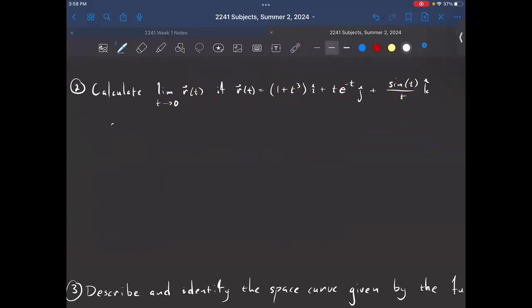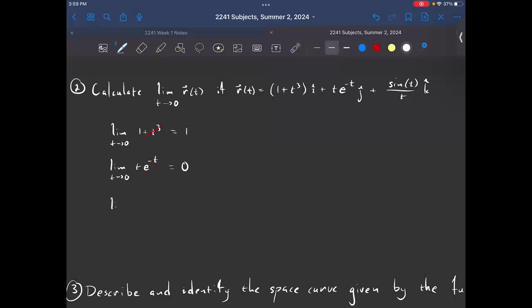So we need the limit as t goes to 0 of 1 plus t cubed. All right, that one's pretty easy. It's just 1 because t cubed at 0 is 0, and these are continuous. The limit as t goes to 0 of t times e to the minus t. Well, e to the 0 is 1, and 0 times 1 is 0.